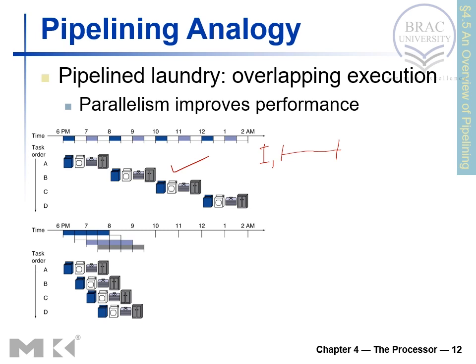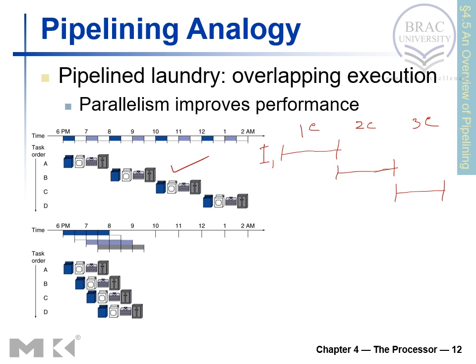Once this first clock cycle, let's say 1C, is over, this is 2C, and then this is 3C, and so on. Then the next instruction would start here, and then the next instruction would start here, and so on. So this is how instructions would execute in a single cycle implementation.